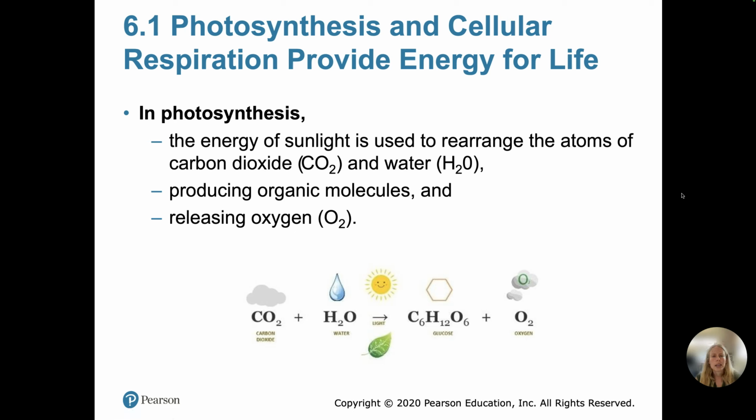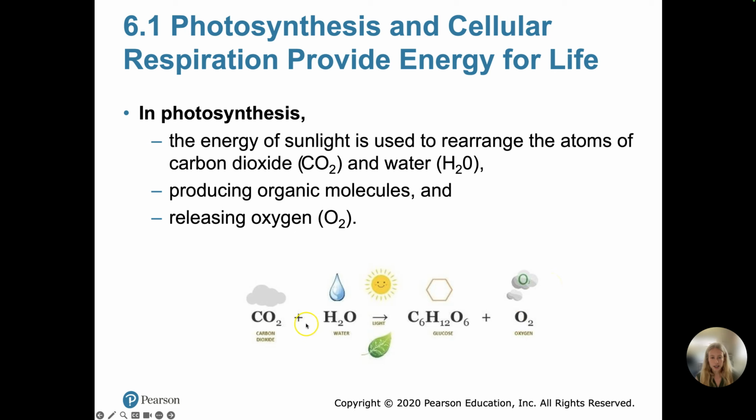We're going to take a little bit of a more in-depth look at photosynthesis here. In photosynthesis, the energy of sunlight right here is used to rearrange the atoms of carbon dioxide, CO2, and water, H2O, and it produces organic molecules, specifically the energy-rich glucose right here, and it releases oxygen as another product of this reaction.